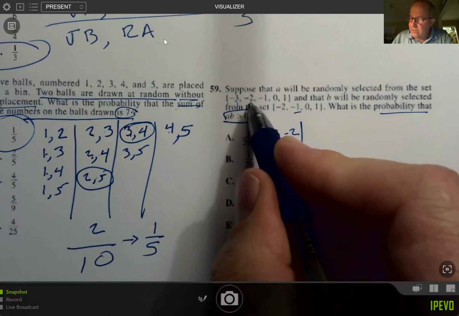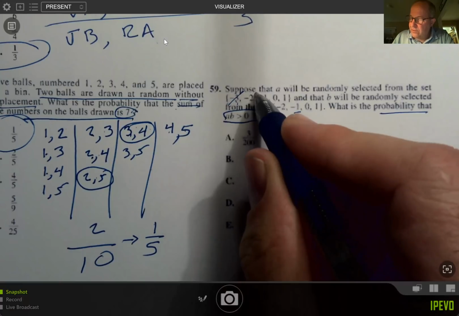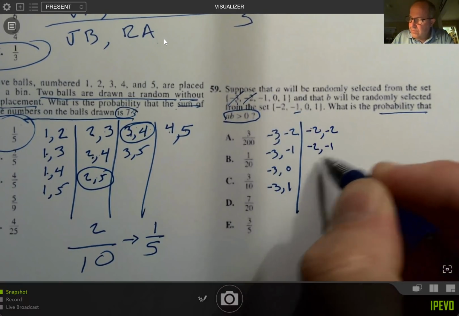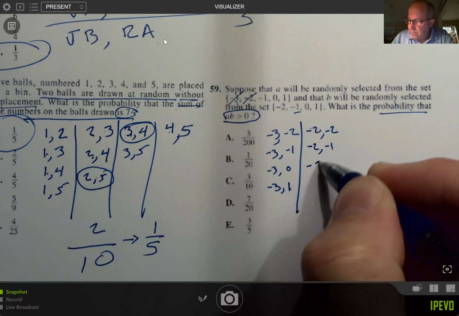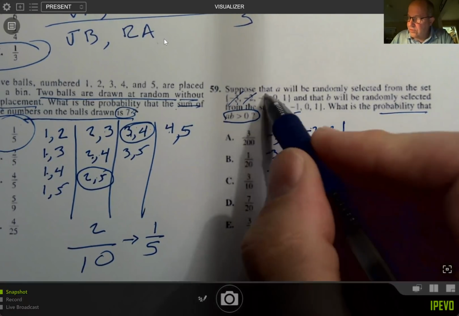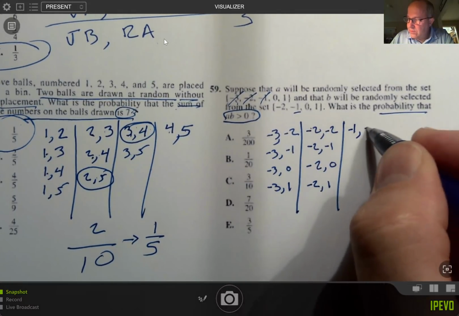Then I'll do the -2. And so I've got the 3 done. Now I'm doing the -2. And I know there's way quicker ways to do this, but there's -1 be paired with -2.